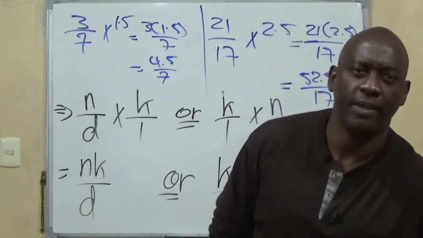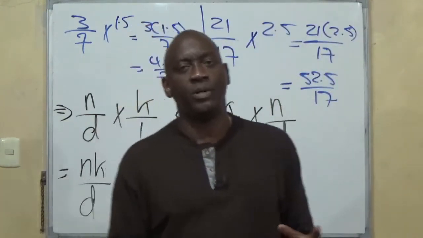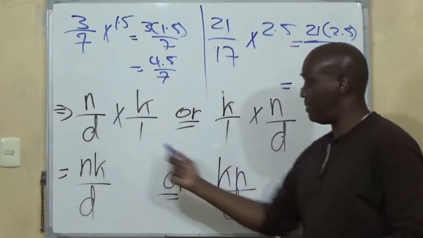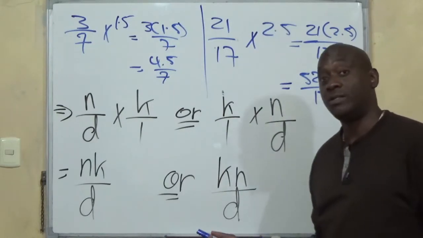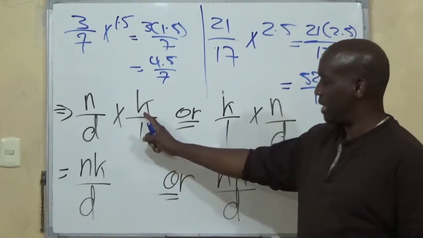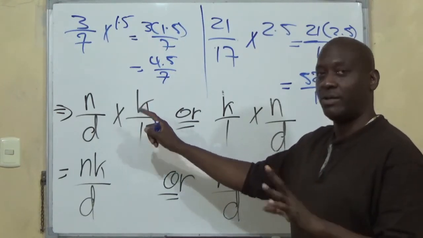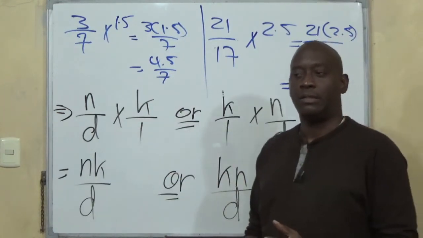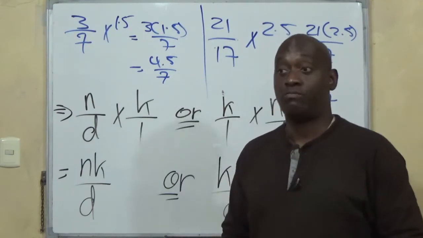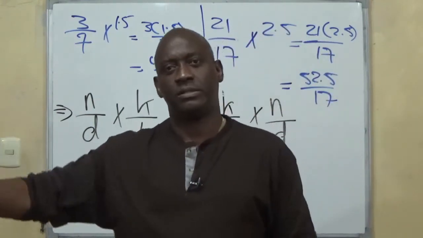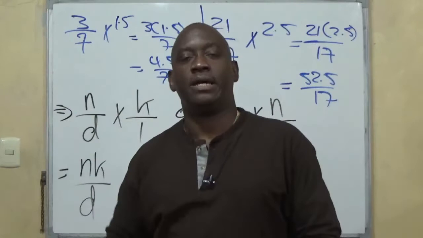Beautiful. Alright? So the principle holds, whether k is a whole number or a decimal or whatever it is. K could be an irrational number too, as we discussed in a previous video.